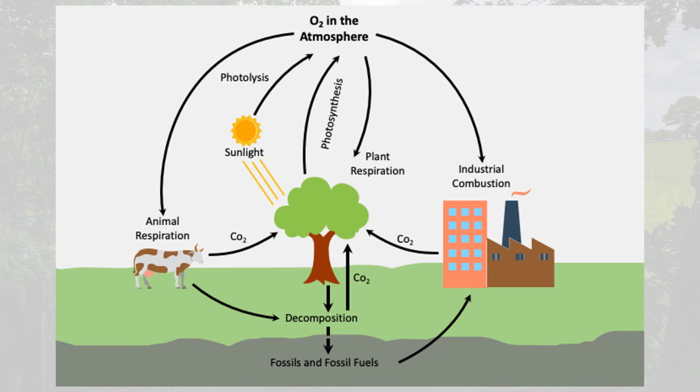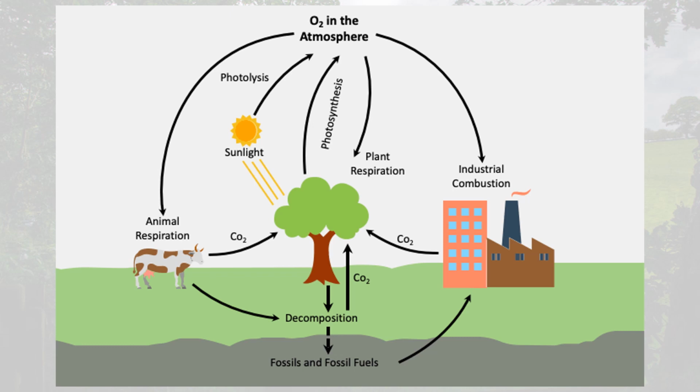So industries also take up oxygen from the atmosphere, and after respiration, animals and plants all give out carbon dioxide, which is absorbed by plants, and they convert this carbon dioxide in the presence of sunlight through photosynthesis into food, where oxygen is released as a byproduct and gets back to the atmosphere.